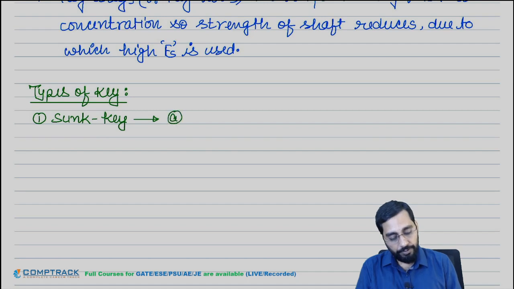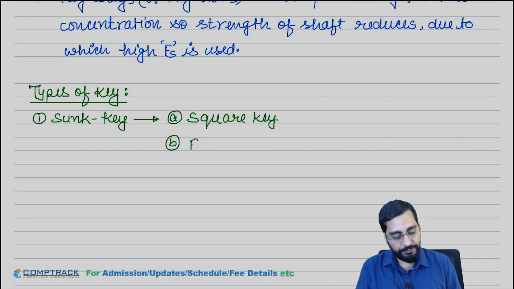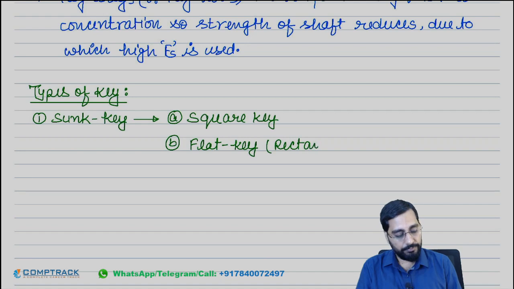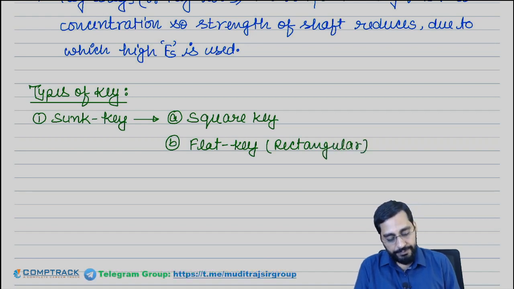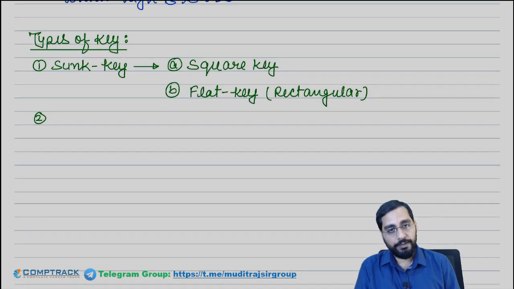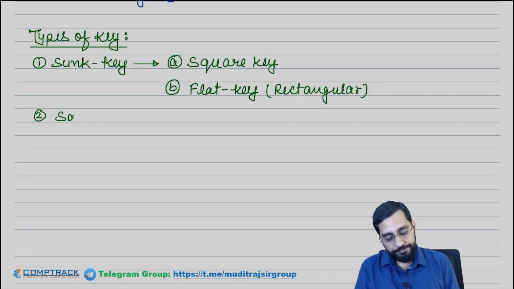These are of two types: square shank key and flat shank key. Flat or rectangular, you can say. Second, saddle key.